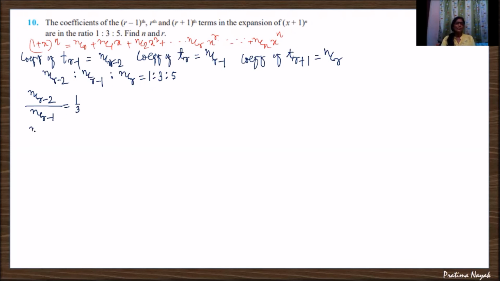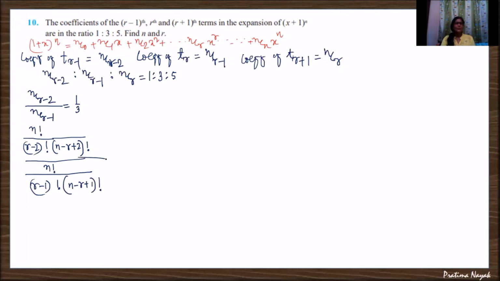So this will be n! / ((r-2)! (n-r+2)!), this is your numerator, and the denominator is n! / ((r-1)! (n-r+1)!).